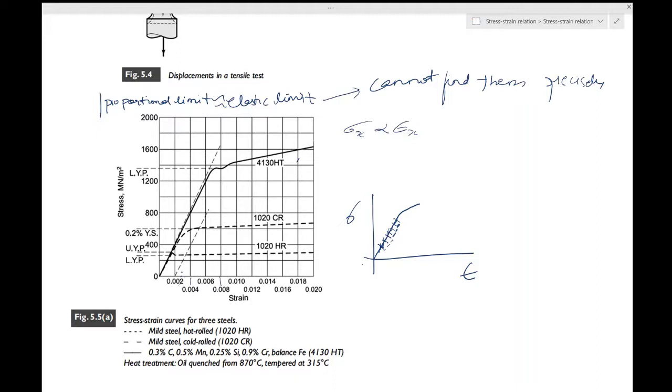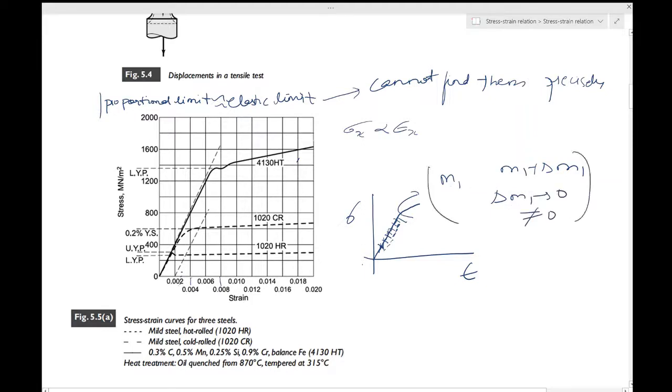That is why people say you cannot find these two limits, proportional limit and elastic limit, precisely, because they deal with the limiting case of zero deviation from linearity. So you want the slope to deviate from m1 to m1 plus delta m1, but delta m1 must tend to 0. So not equal to 0 but tending to 0. This is what the proportional limit is mathematically.